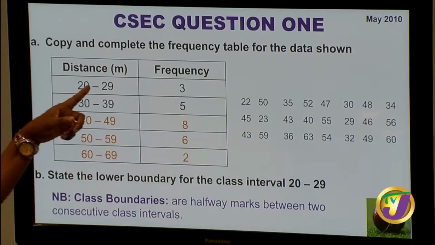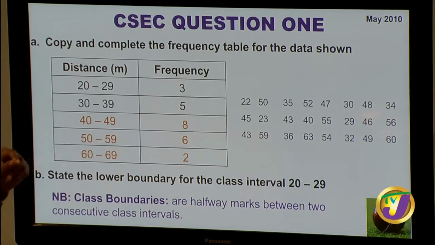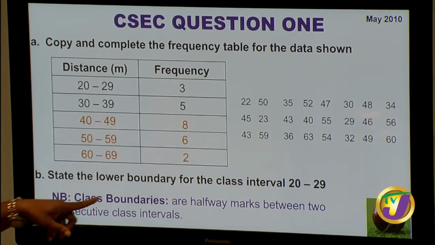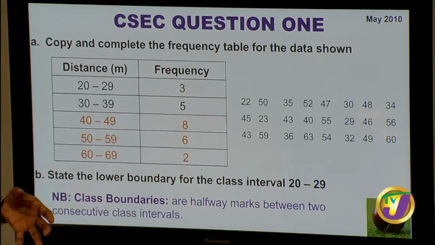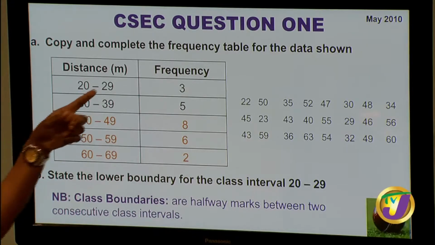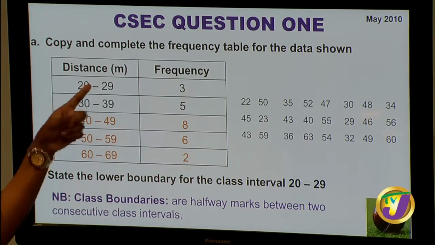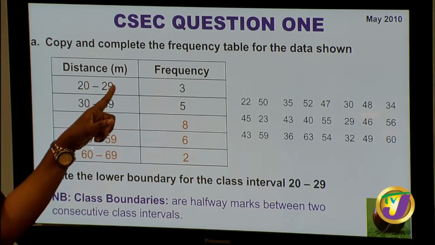Now, going from 29 up to 30, there's a difference of 1. And going back to the definition, it's the halfway mark between 2 consecutive class intervals. So if from 29 to 30 is a difference of 1, then I would need to go halfway between.